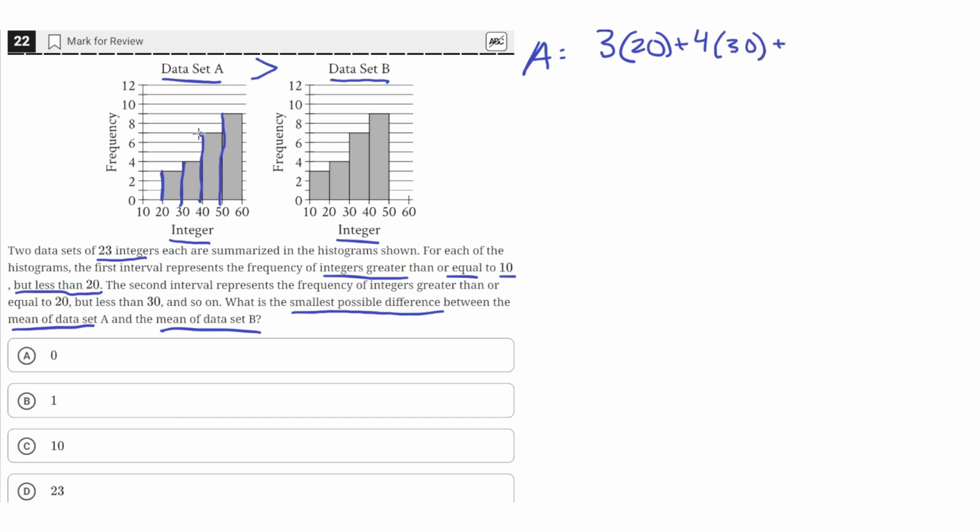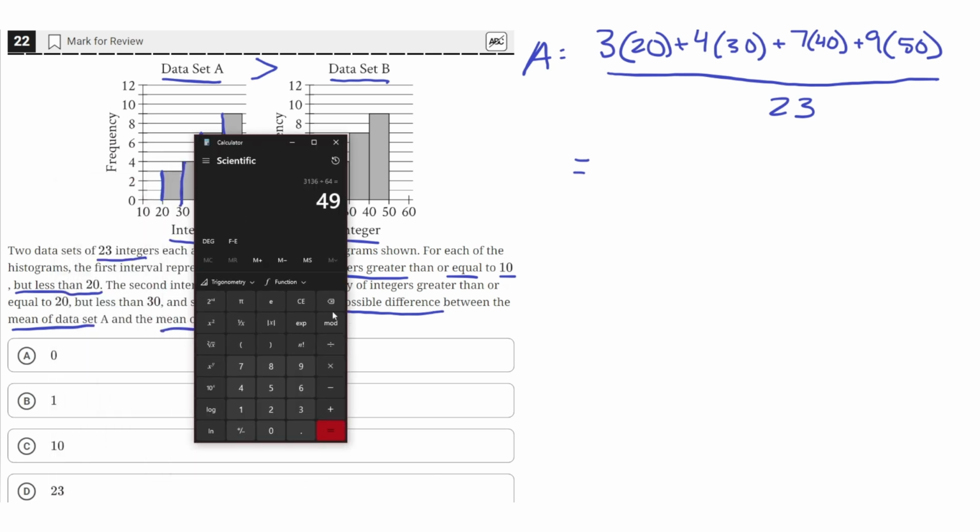And then 7 40s. And then 9 50s. And that will all be above 23 since each has 23 values. So this will give us the smallest mean possible for dataset A.